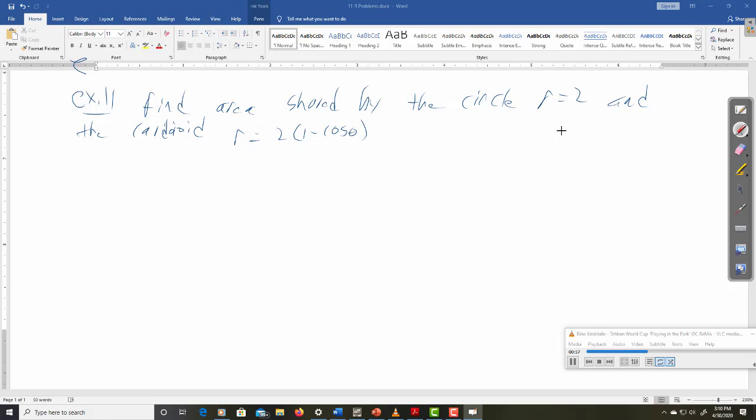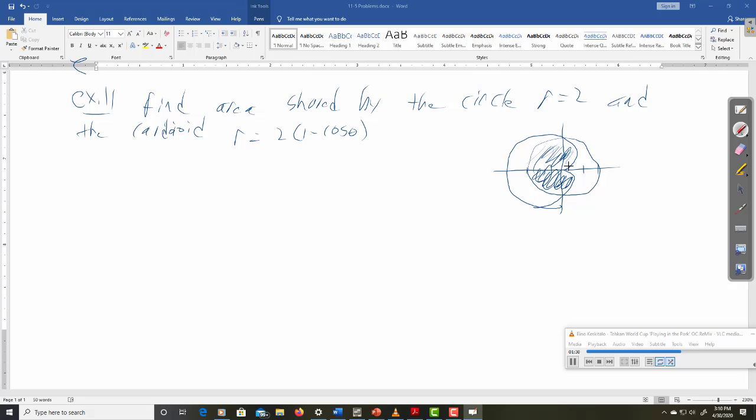If you look at the rough graph of this in the calculator, of course the circle is like this, and the cardioid is like this. The area shared by them is in here.